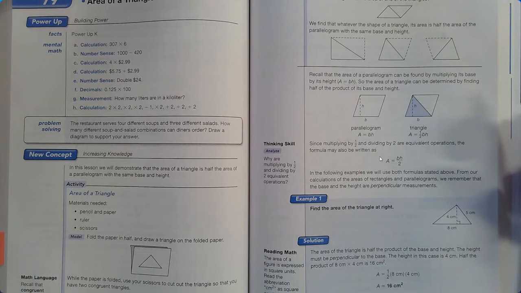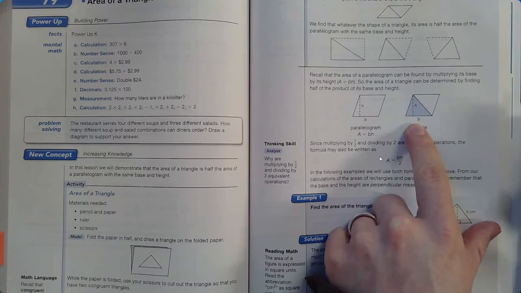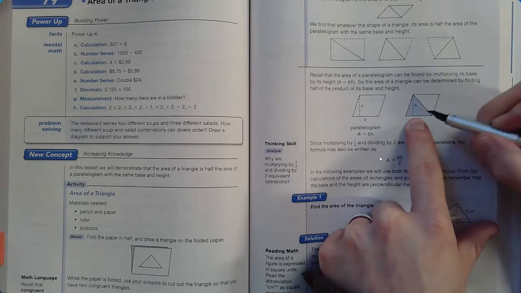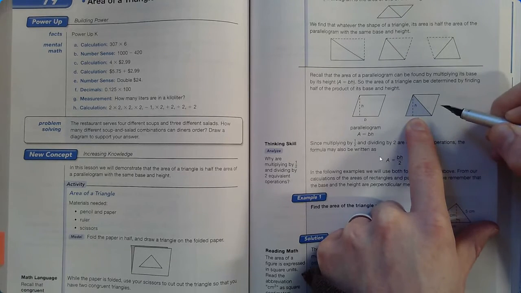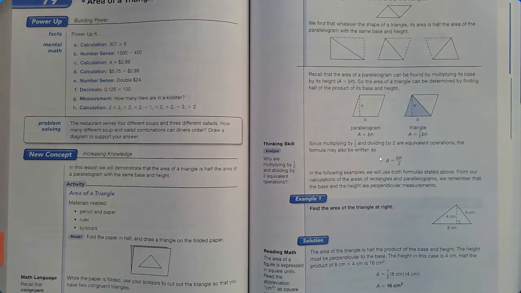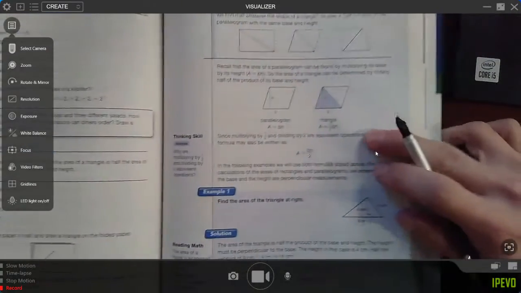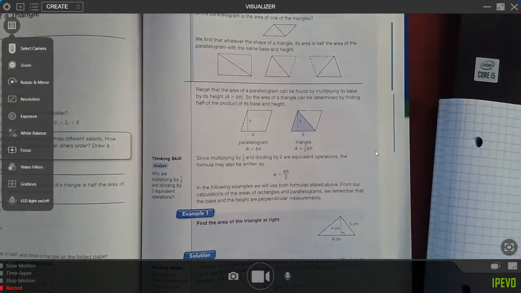Which means our way of figuring out the area of a parallelogram is going to work for the area of a triangle, except of course at the end we're going to divide it by 2, because this triangle is half of the parallelogram. So we just do our base times the height to figure out the area of the parallelogram, and then we divide it by 2, and that's it.